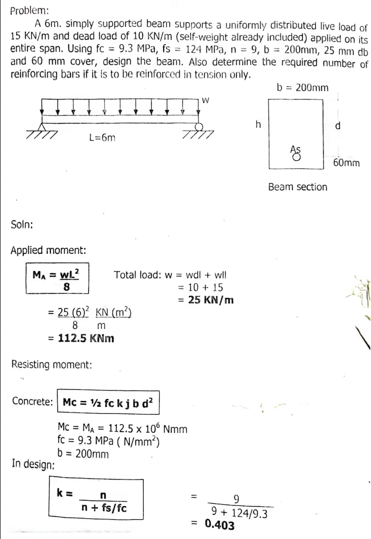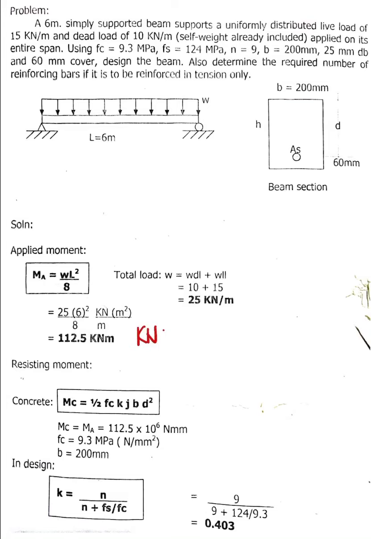So substitute the values. For the applied moment, you have W, that is 25, multiplied by the length, which is 6 squared over 8. And then you have the units in kilonewton, and then 6 meter squared over 8, so you have the applied moment equal to 112.5 kilonewton meter.